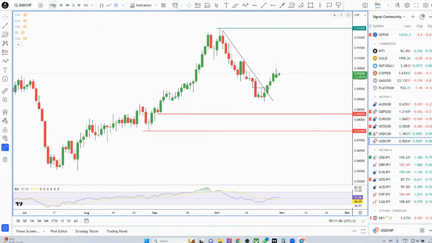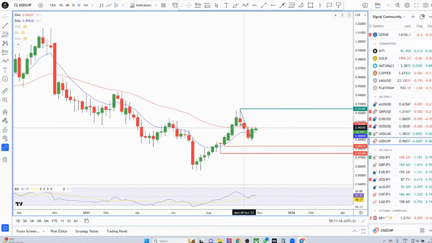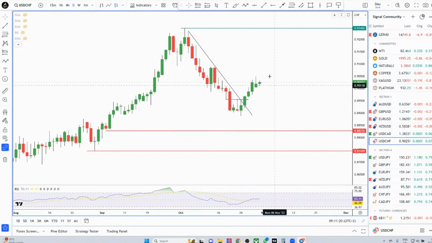Next, CHF and the USD, or if you prefer USD against the CHF. I commented yesterday that I want to stay away from this pair because on the weekly chart it shows a downtrend. On the daily chart, I didn't want to bet on the US dollar weakness due to those events we have here. I was more bullish on the dollar and also bullish on the CHF.